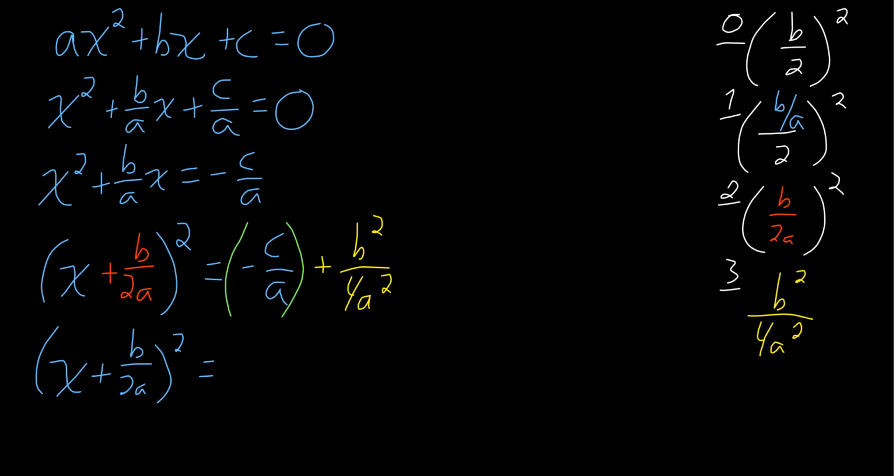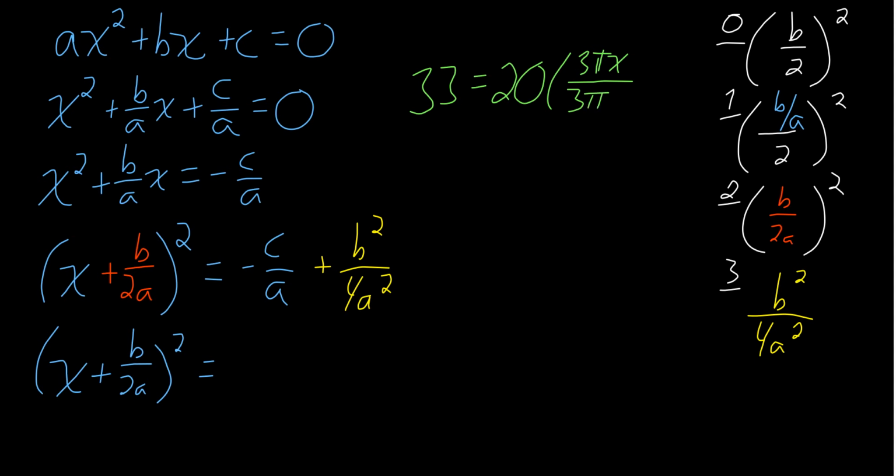So I am 33 years old. You could say I am 20 plus 13 years old. Everybody agree? That makes complete sense, right? But what if I said 33 is equal to 20 times 3 pi x over 3 pi x plus 13?